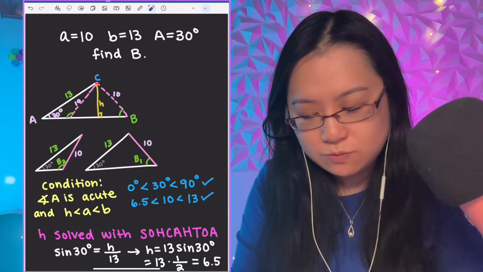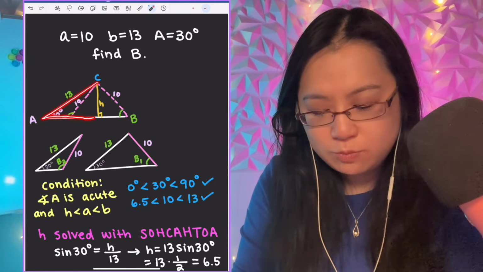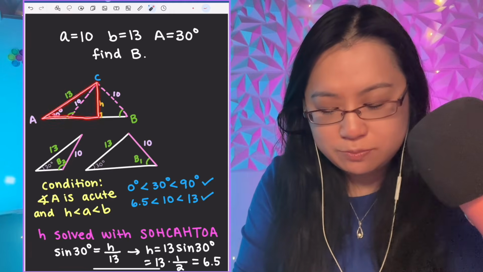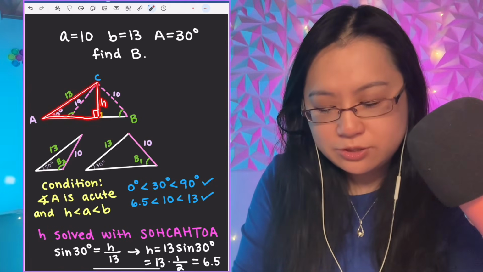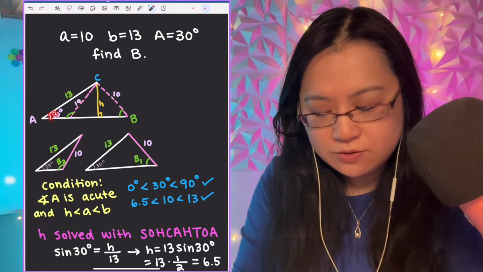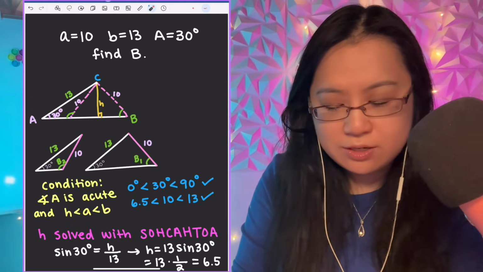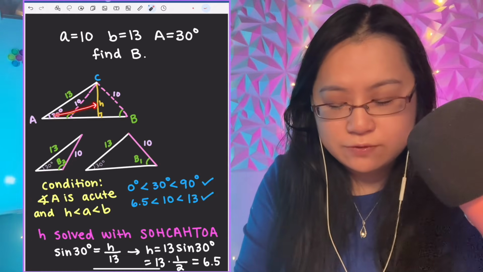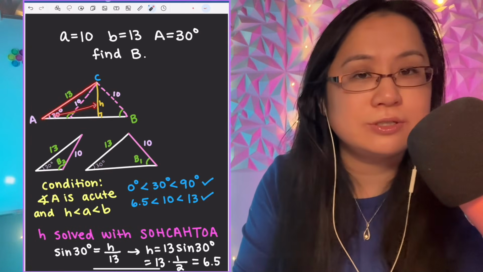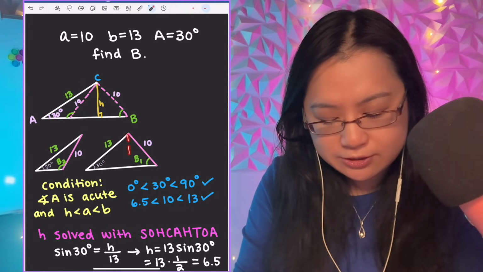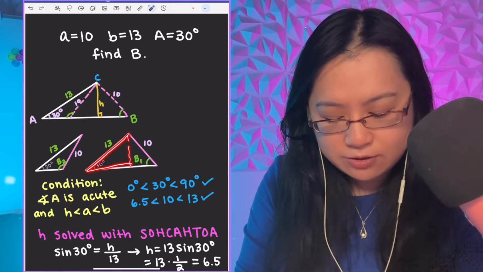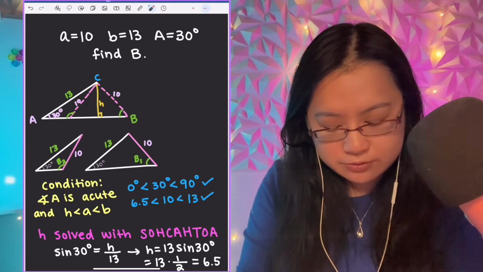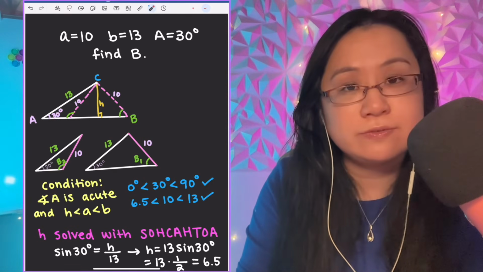So if I have this right triangle, which is why it's important that the height is truly perpendicular. So if I have this angle, 30 degrees, sine of 30 is opposite, so H, over the hypotenuse, which is 13. So if I consider this right triangle with H, I can set up a ratio for SOHCAHTOA. So sine 30 degrees is H over 13.